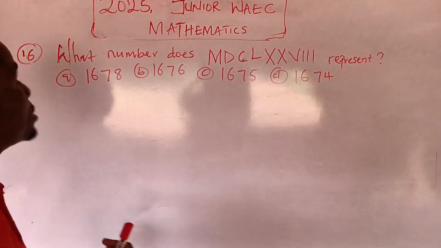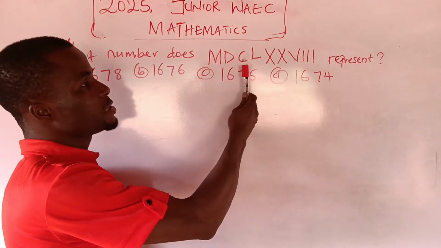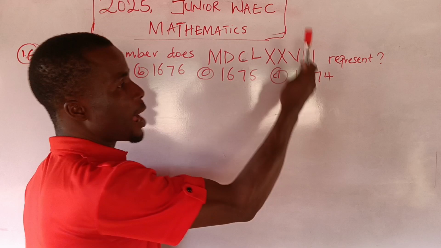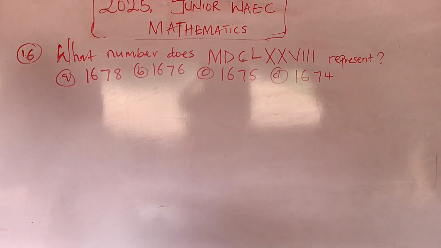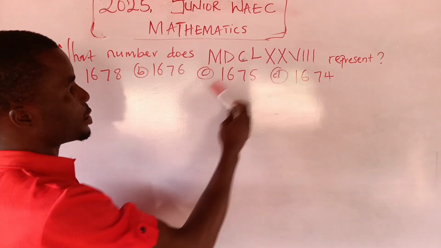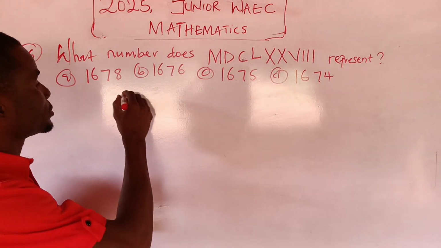Very good. Question 16 says, what number does MDCLXXVIII represent? This is a Roman figure. So what number does this represent? First thing is M. Our M is 1000.